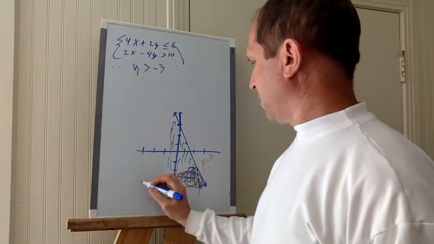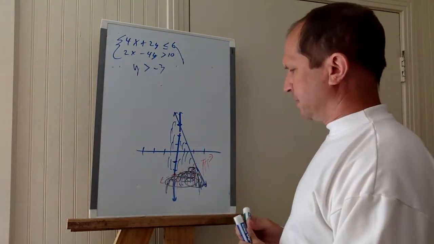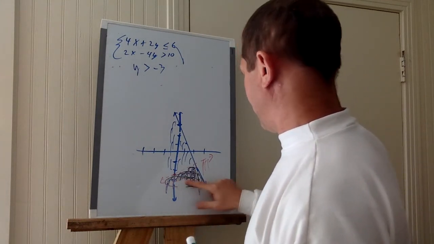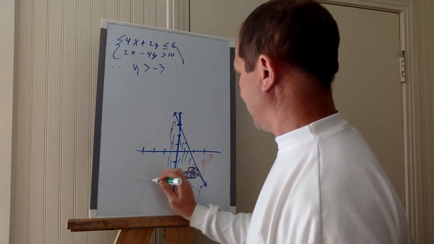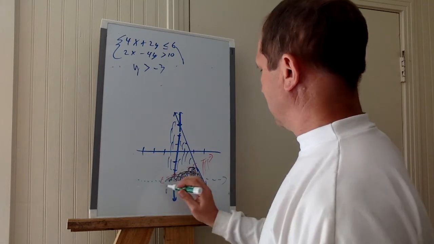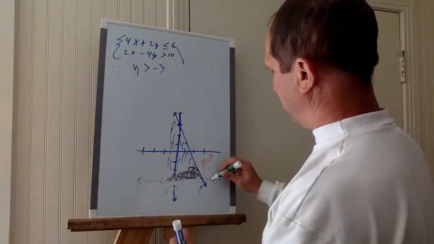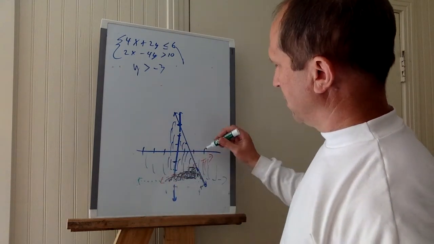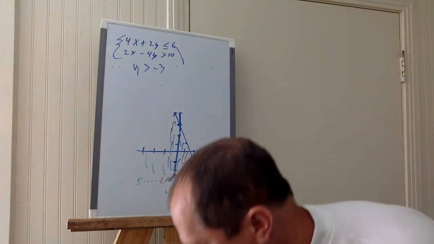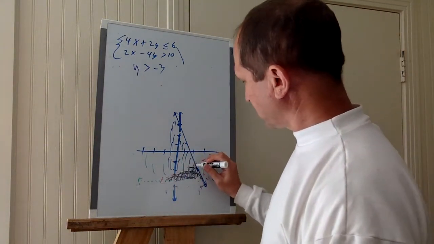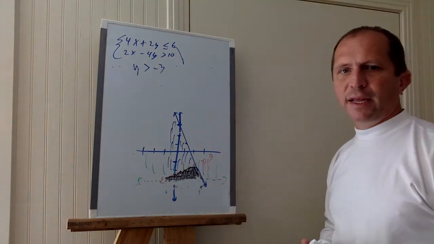So let's do this one in green. I'm going to shade, and it's going to be dotted because it's not an or equals. So I'm going to have that. And now I want to be greater than that, so I'm above this line. So the only place that's in common in all three regions is just this triangle in here.